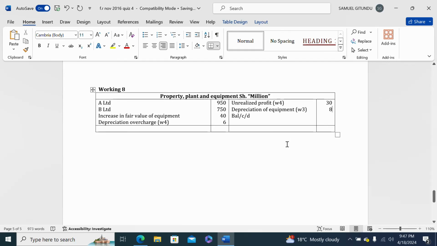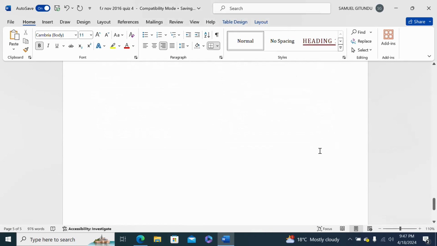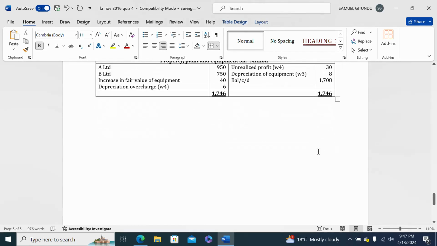So the total here is 1746. The balance carried down is 1746 minus 30 minus 8, which gives us 1708. If we balance this account, we get 1746. Therefore, we are done with our workings.